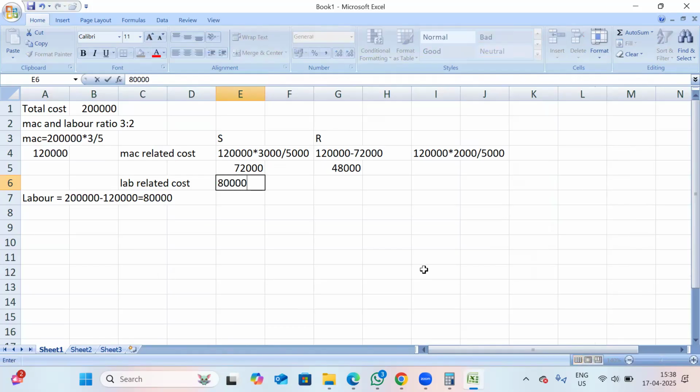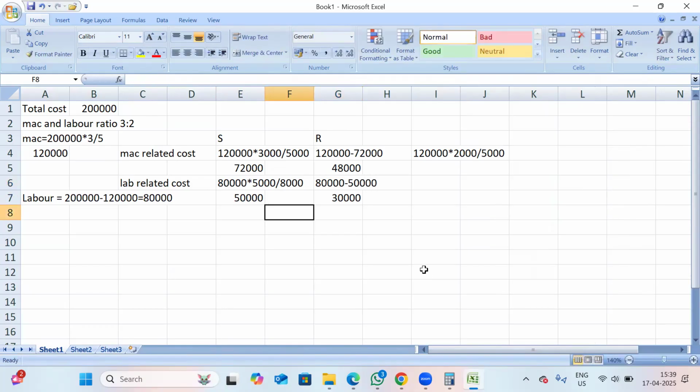So 80,000 into 5,000 divided by 8,000 gives 50,000 for S. The remaining 30,000 will be for R, that is 80 minus 50.